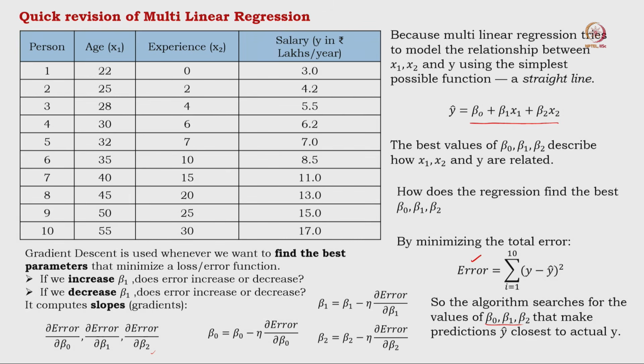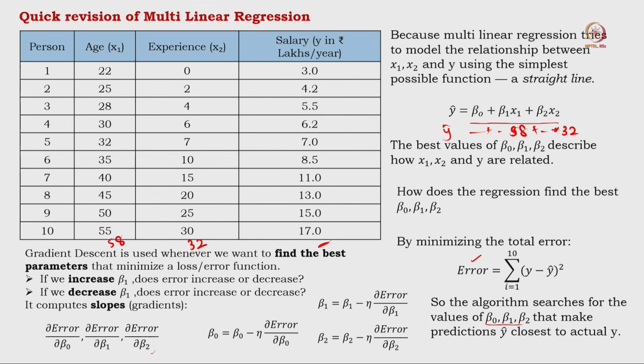After running for some 50, 100 epochs, we get the best beta values. Once we have the best coefficients, when the new values 58 and 32 come, we substitute them, multiplying with the coefficients we have learnt. Whatever value we get is the answer. This is how multilinear regression works.